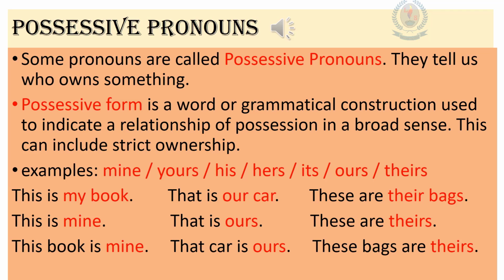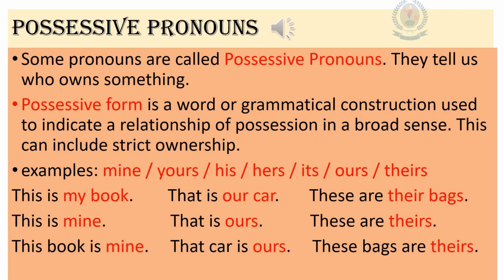We use a possessive pronoun to refer to a specific person, people or things belonging to a person or people, belonging to an animal, animals or things. We use possessive pronouns depending on number, singular or plural.